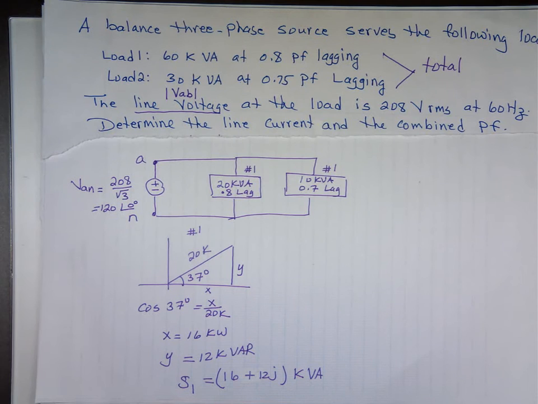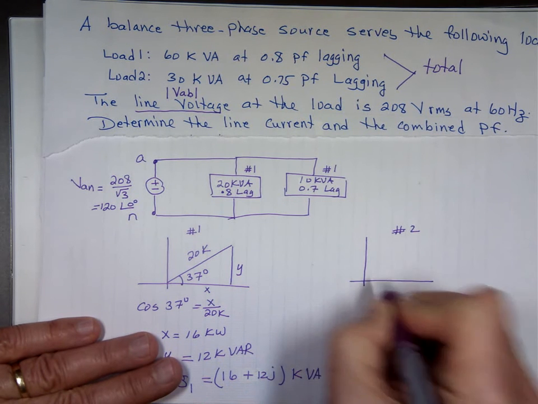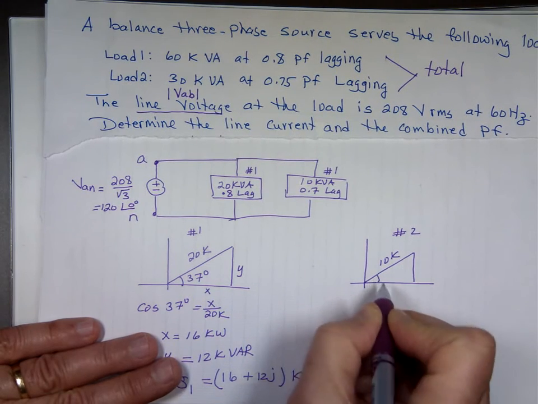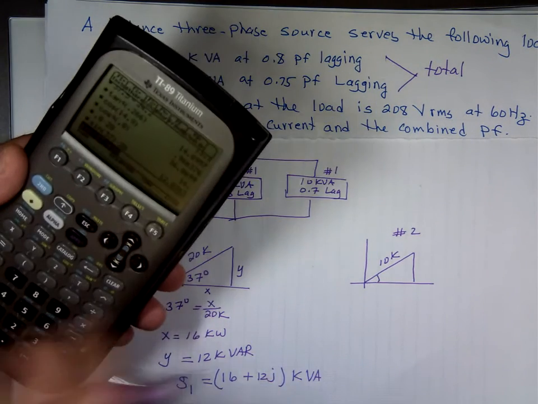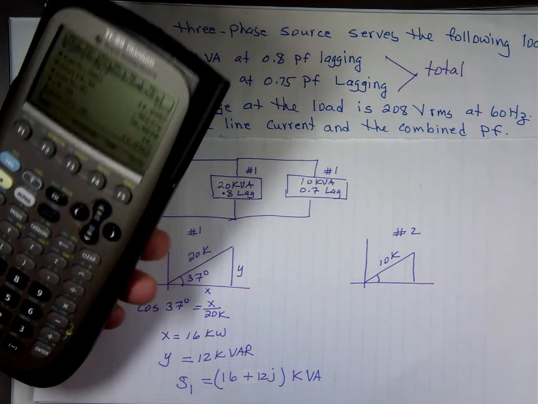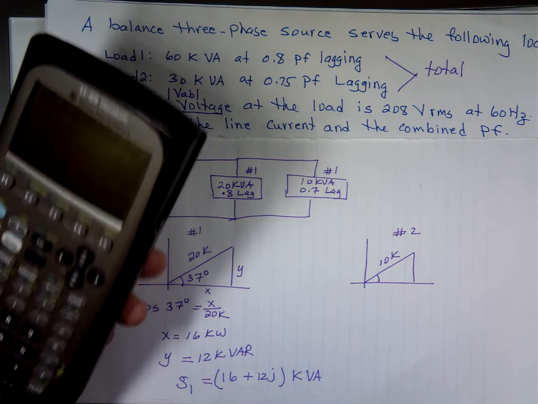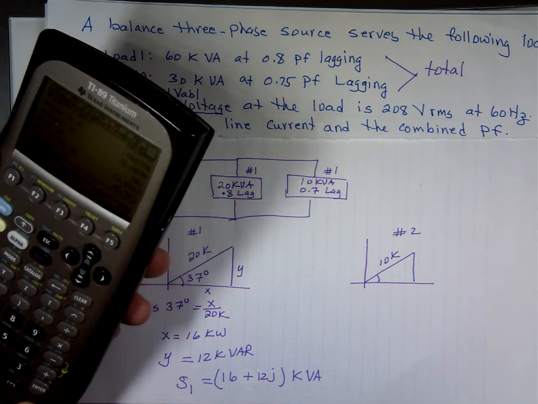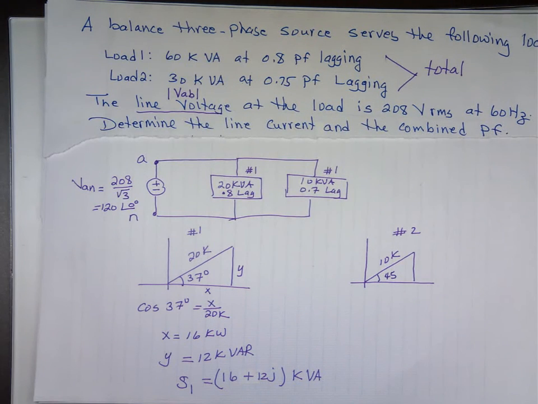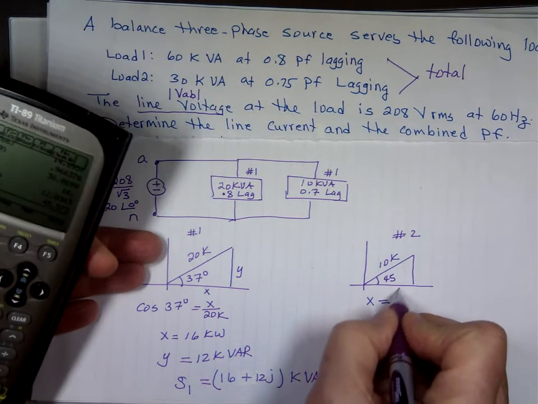Now let's look at load number 2. That's at 10K. Let's find this angle. Inverse cosine of 0.7. Power factor equals cosine of theta V minus theta I. And it's roughly 45 degrees. So x is going to be what for this one? This is x and this is y again.